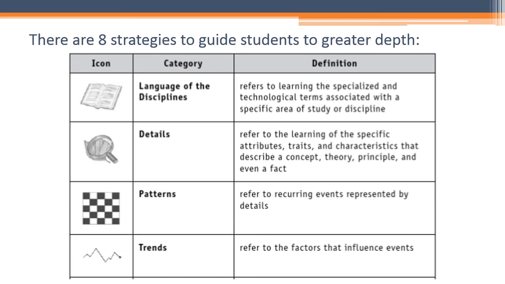Now, these icons are developed as a visual representation, a visual thinking tool that will prompt the child to use that particular strategy when studying the discipline, content, or lesson. The first category is the language of the disciplines. It refers to learning the specialized technical terms associated with a specific area of study.